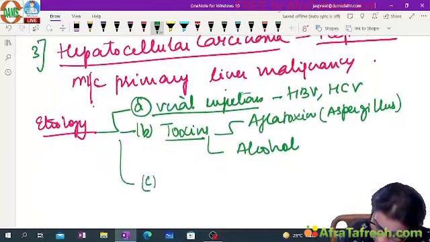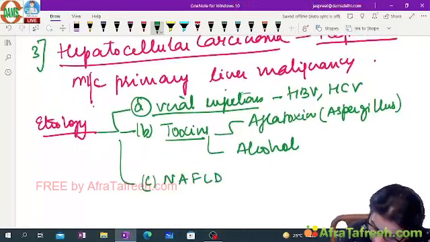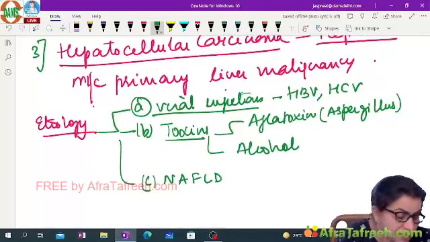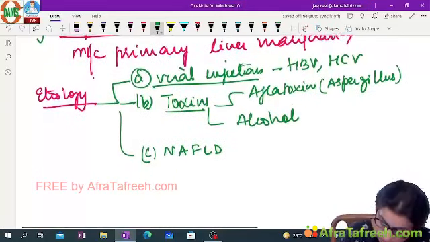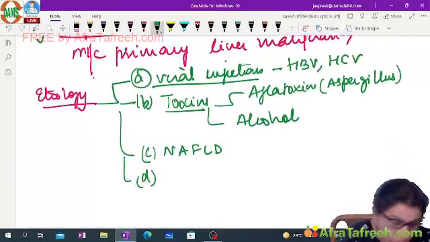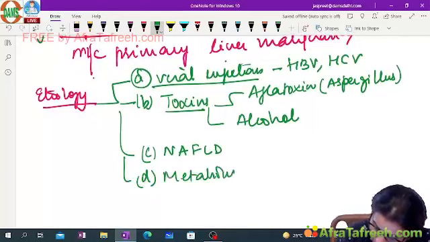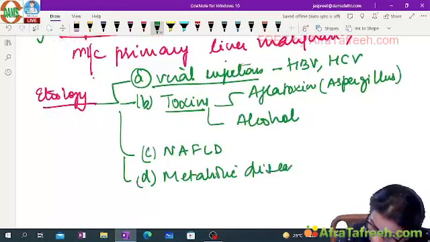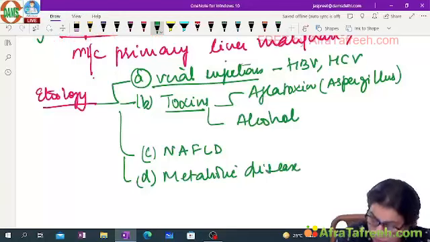Then third, non-alcoholic fatty liver disease can also lead to this. Then fourth, metabolic diseases of the liver can also predispose to hepatocellular carcinoma.